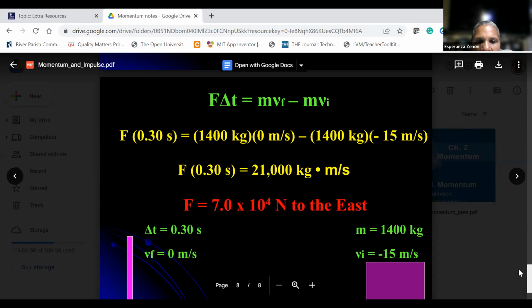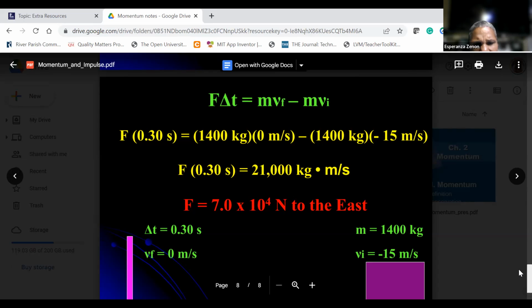So now what we need to do to get F alone, divide both sides by 0.3, and we get 7 times 10 to the 4, or 70,000 newtons to the east. How do I know it's to the east? Because it's positive. All right. So this car runs head on into this pole, comes to a stop in 0.3 seconds. That's less than half a second, and generates 70,000 newtons of force in the process.